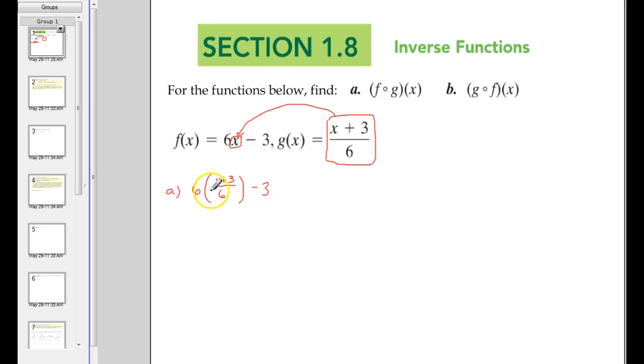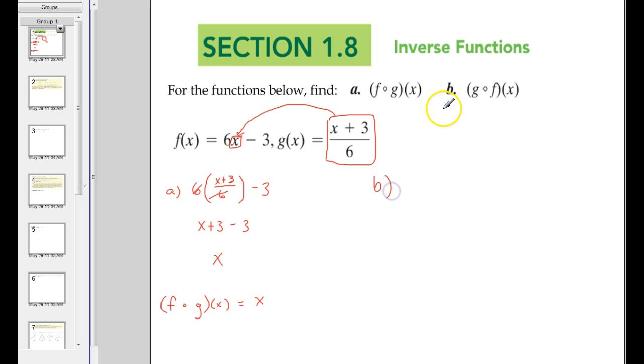Alright, now, the 6's right here are going to cancel, and you're left with x plus 3 minus 3. And then the 3 and the minus 3 are going to cancel, and you're just left with x. So what we get here is f of g of x is equal to x.